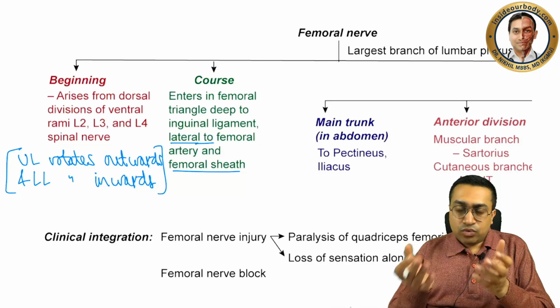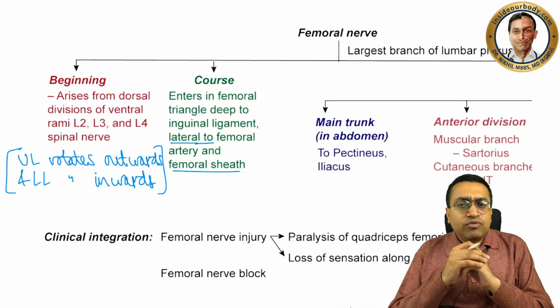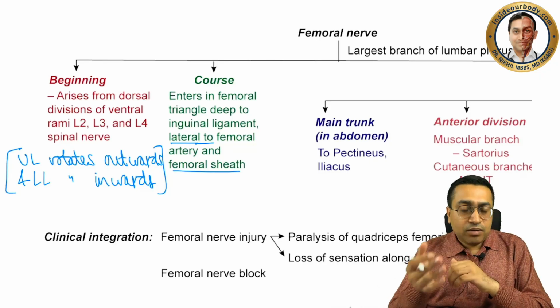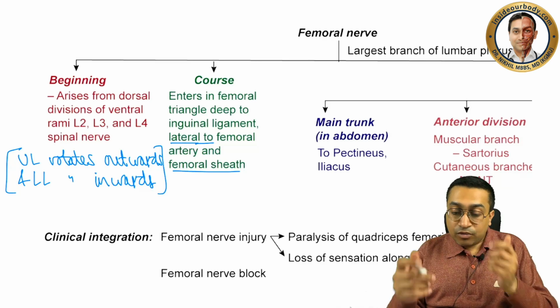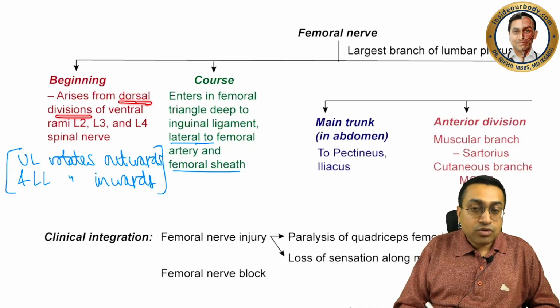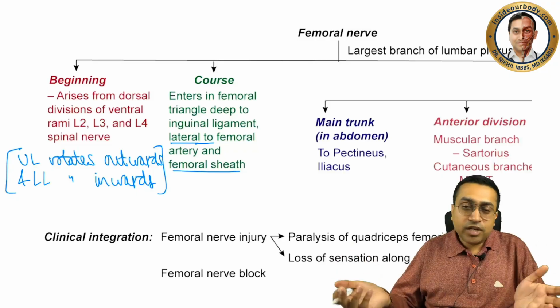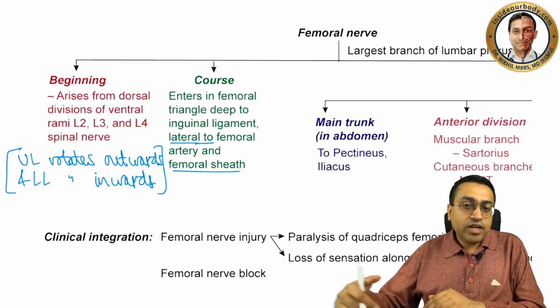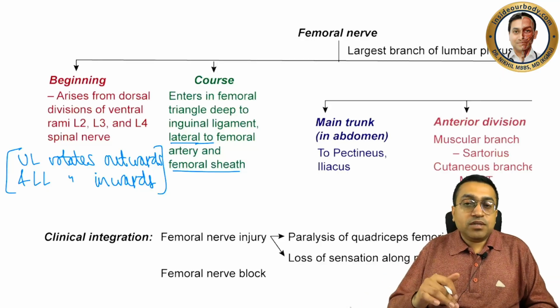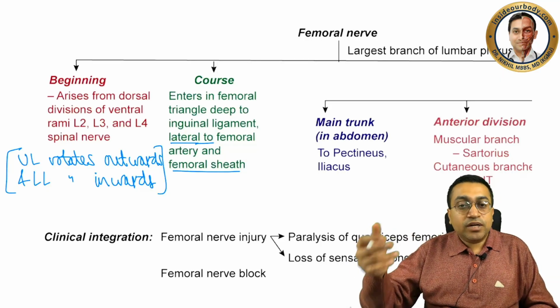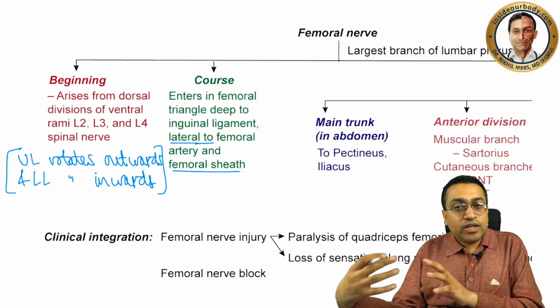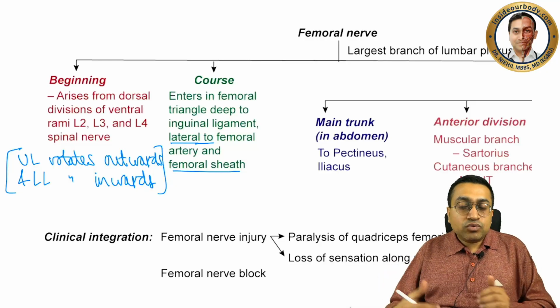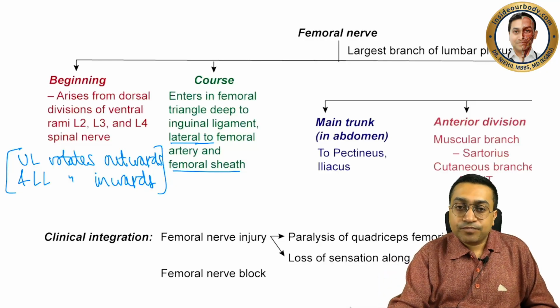Now femoral nerve is supplying the anterior compartment, but it is arising from the dorsal division of the ventral rami. How come that is possible? And see the contrast. Obturator nerve we will study in a while. Obturator nerve is being supplied from the ventral division, but it is supplying finally the medial compartment. So how come this difference is there?